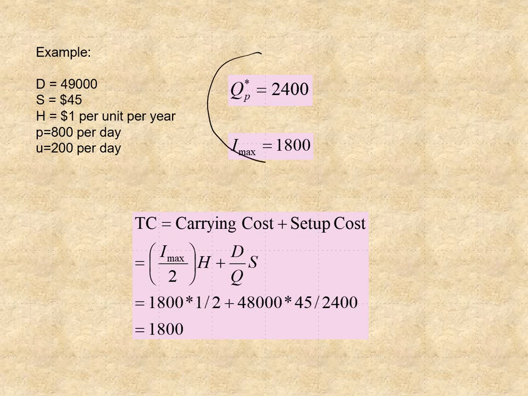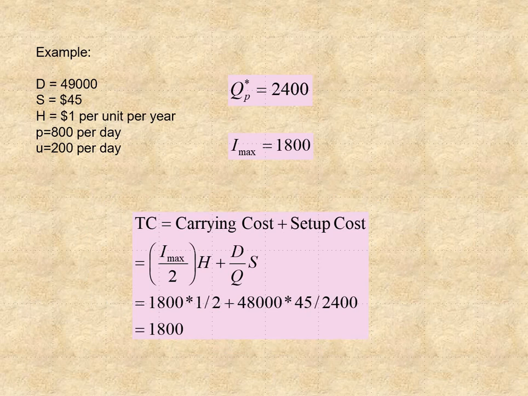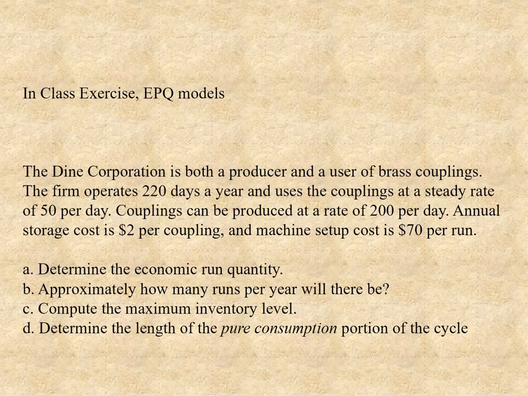If we know EPQ is 2,400 and Imax is 1,800, then we can calculate the TC, which is carrying cost plus setup cost. Plug in Imax, H, D, Q, S, and all those numbers here. We get that the total cost equals 1,800. Now, let's move on. Please take your time and complete this in-class exercise.